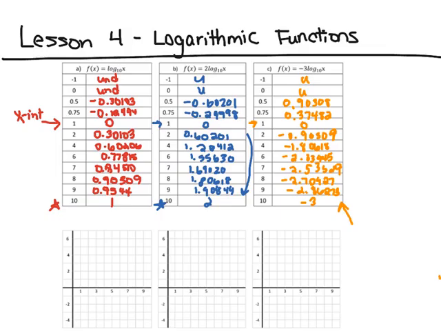So for the first one, it starts off small, it goes through x equals 1, and then it goes up to the point 10 and 1. So it hugs the x-axis and then goes towards that point. So that's our logarithm. This one is an increasing logarithm because it gets bigger.